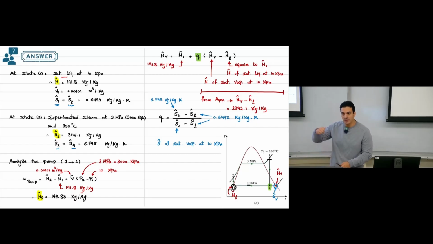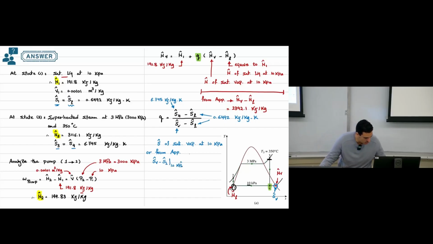Again from the appendix, you can find this delta S directly, SV minus SL at constant pressure, specific entropy of vapor minus specific entropy of liquid at 10 kilopascal.